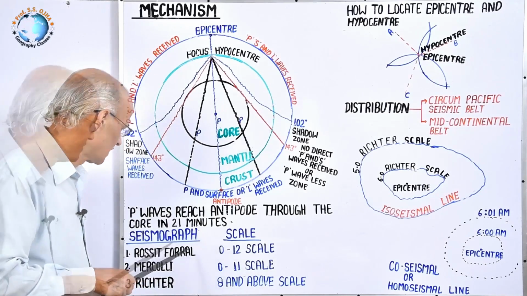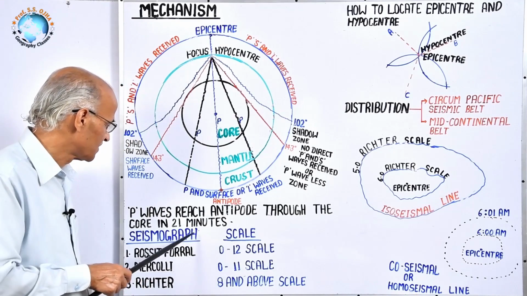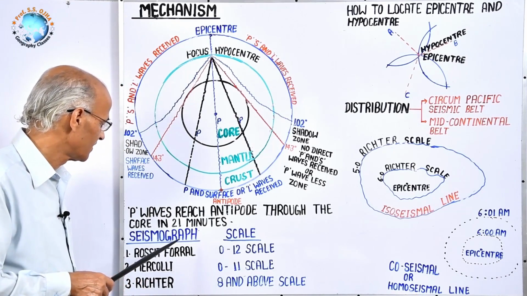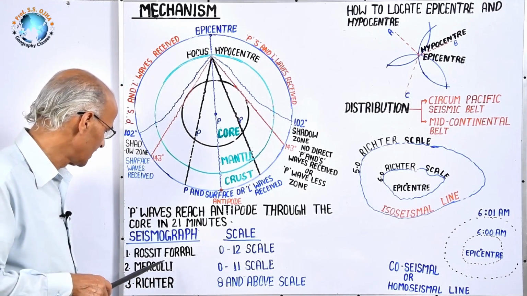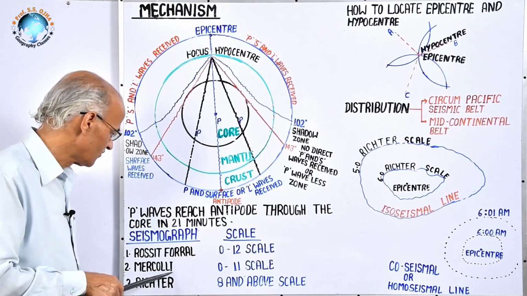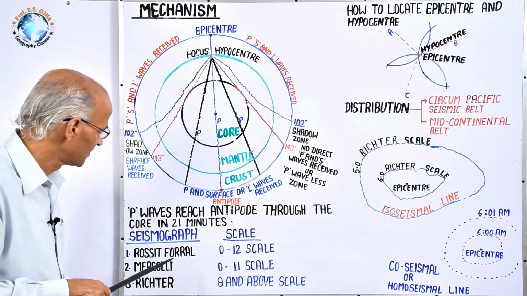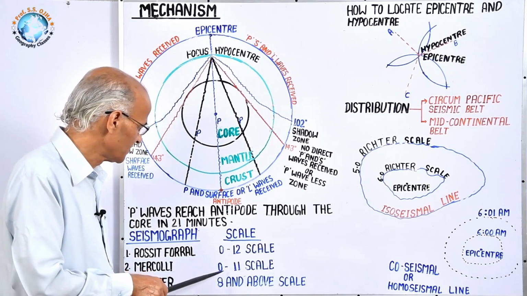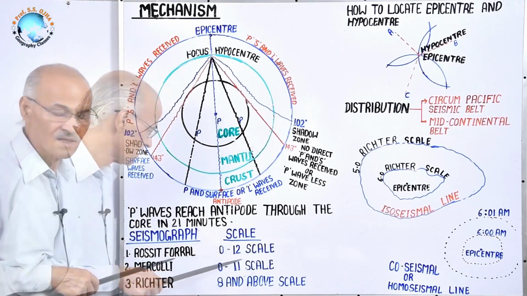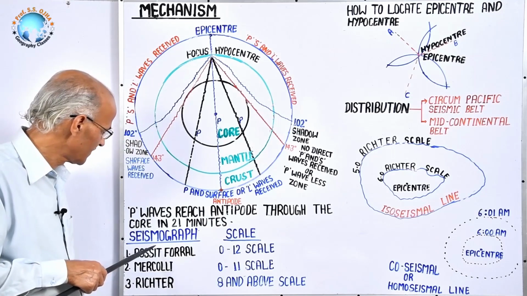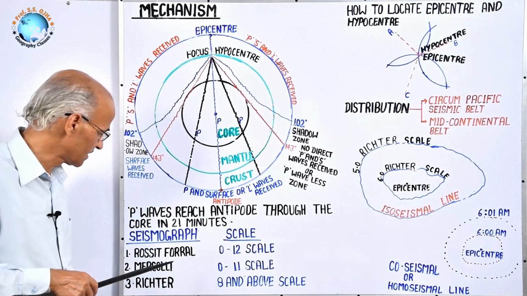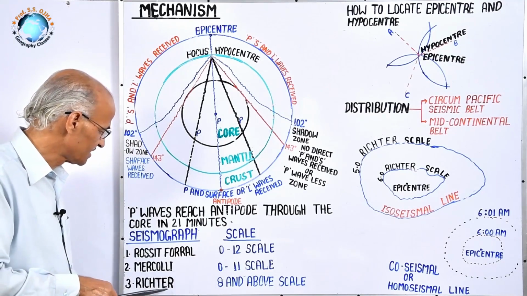After Rossi-Forel, this seismograph was again rectified and a new scale, Mercalli, was established, which ranges between 0 to 11. Later on, a new modification in the seismographic scale was the Richter scale.